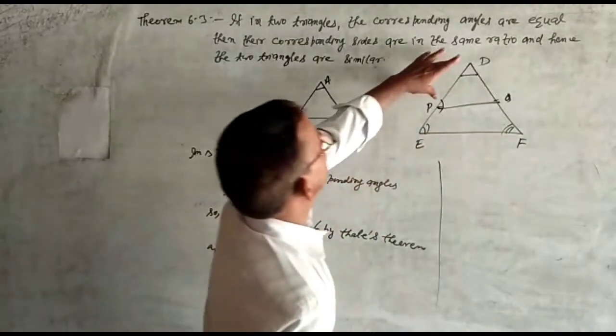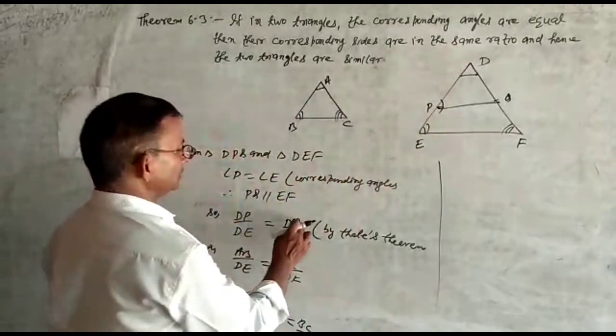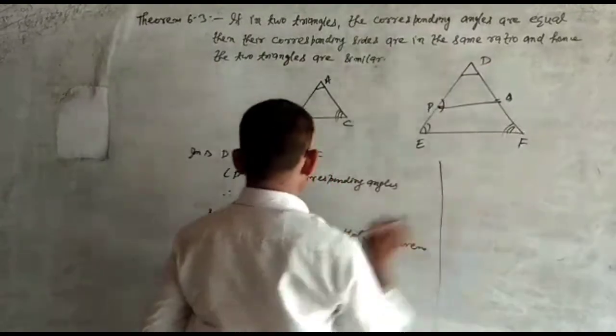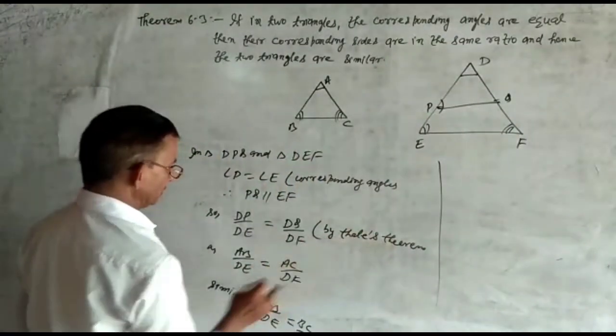Hence, DP by DE is equal to DQ by DF, by the third theorem.